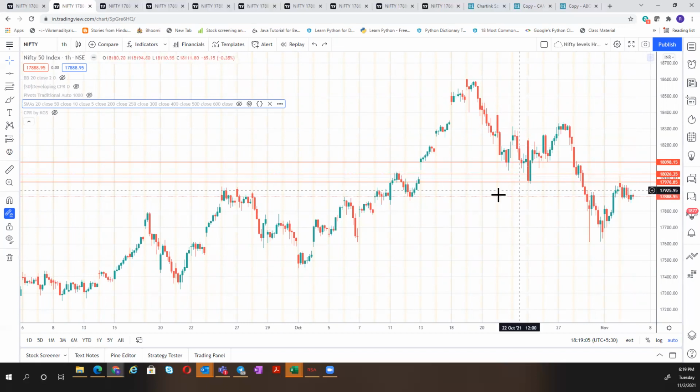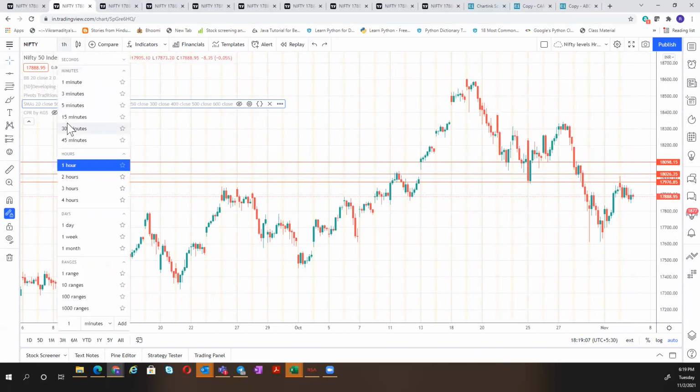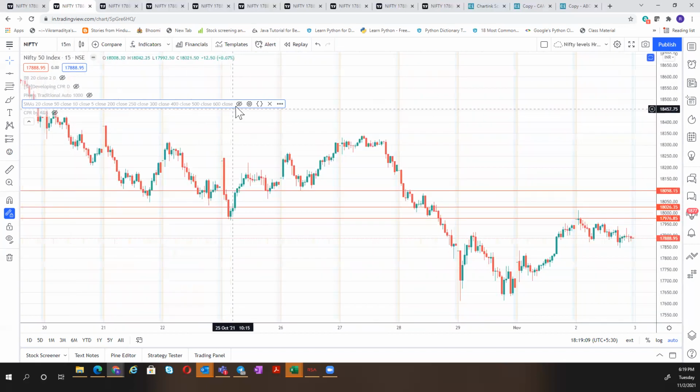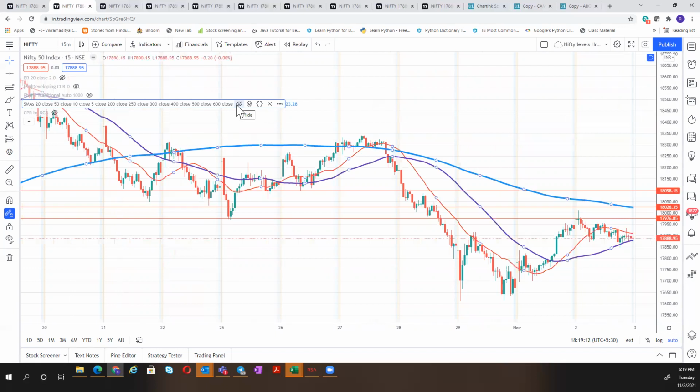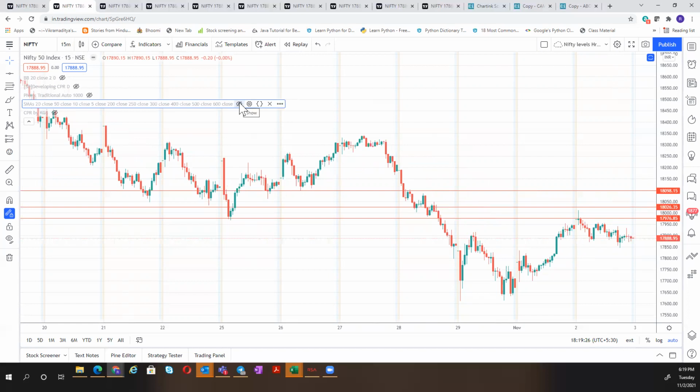I said 18,026. So if you go to the 15 minutes time frame, where do you see the 200 MA? 18,026. Now if the 15 minutes 200 MA is broken and sustained, you can expect 18,100 will be tested, or it can go beyond that. That is how you have to remember things, the levels and the 200 MA.